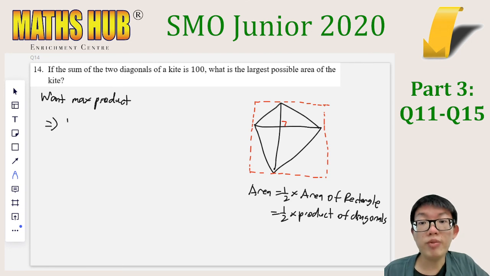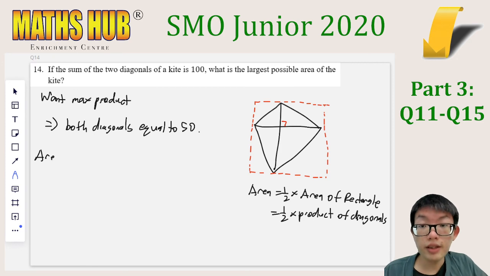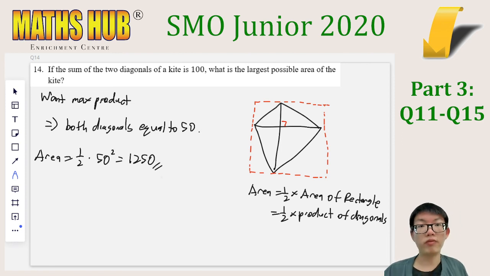So this means that both diagonals should be 50. And the area is just half times 50 squared, which is 1250.